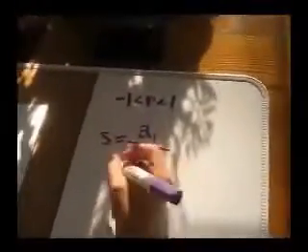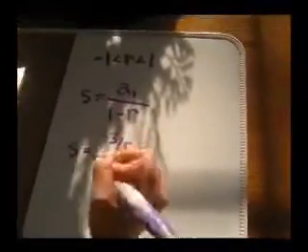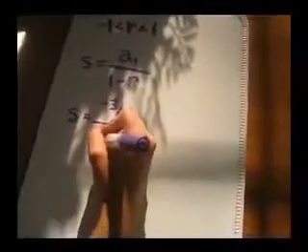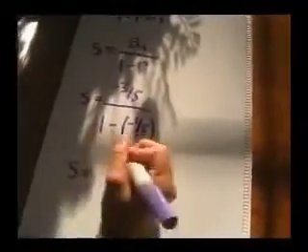You plug in S equals negative 3/5 because that is the first term, and then 1 minus negative 1/5 because that's the r value. So when you do all that, it comes out to negative 1/2.